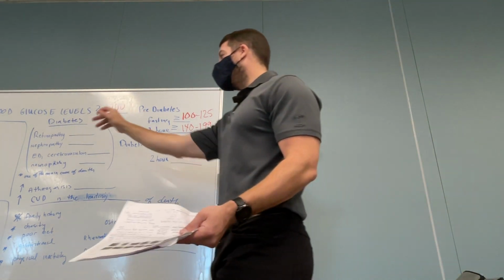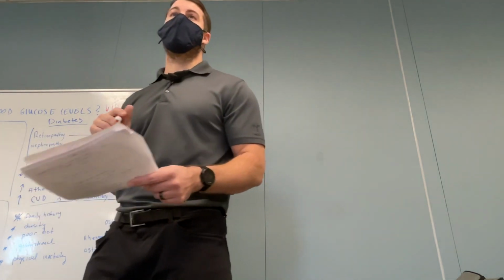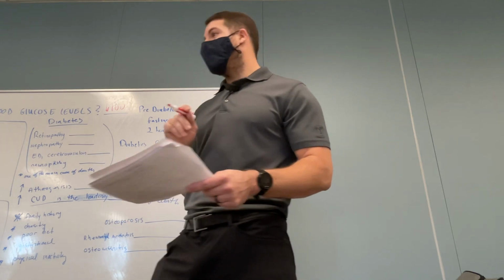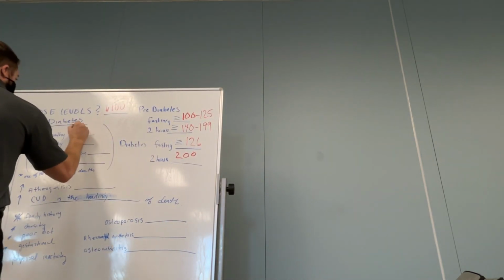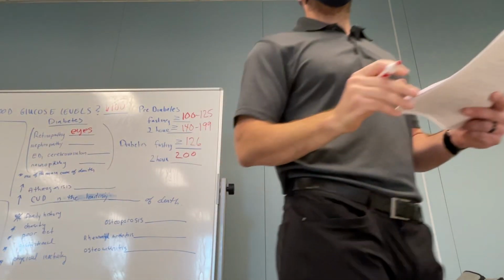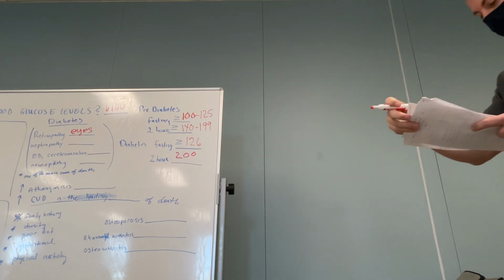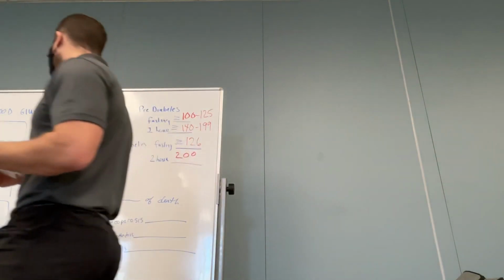Okay, there's different diseases that can occur. Retinopathy. What do you think that affects? It's in the word. Retina. Okay, so that would be for eyes. What about nephropathy? What do you think? Kidney.